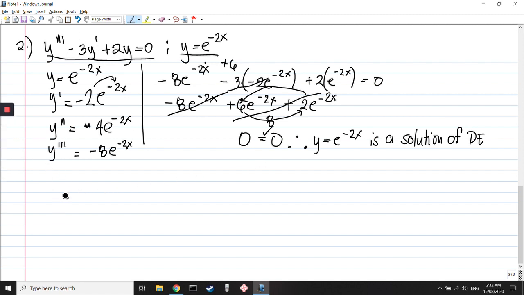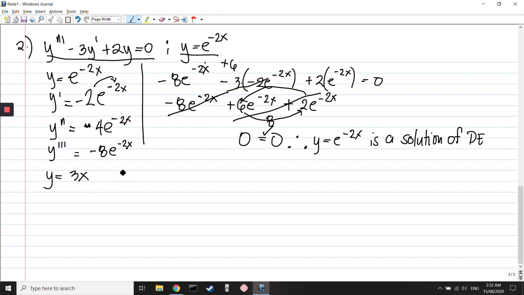So what if we need to prove that y is equal to 3x raised to the power of 4 is a solution of this differential equation?